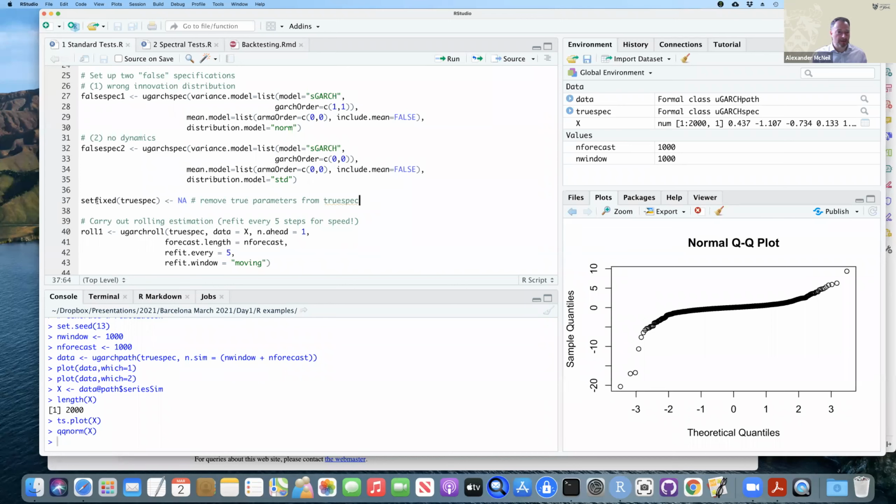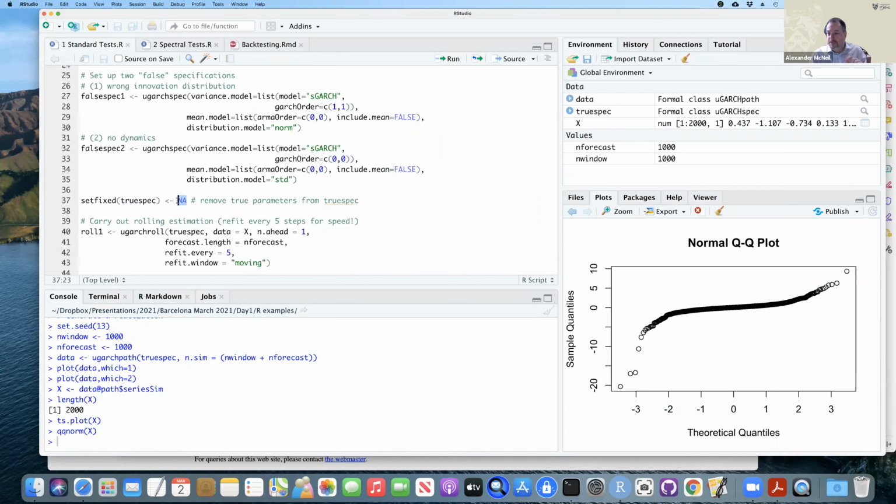The third team guesses correctly, and so they're going to use the true specification, but they don't know the parameters. I don't want to be blasphemous here, but only God or some oracle knows the parameters. I know them because I made the simulation, but in order to do the forecasting, the third group uses the true specification, but by assigning NA.